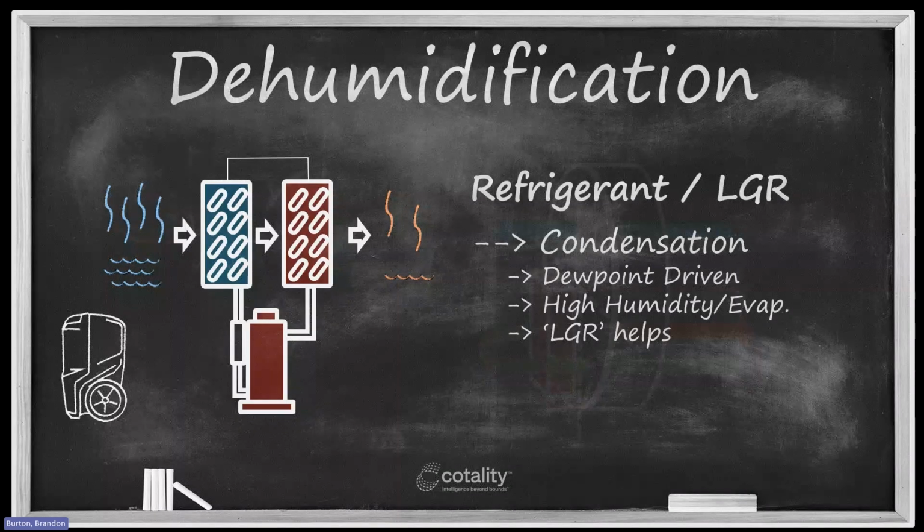The LGR component to them helps, and to give you a really simple explanation to what the LGR component is, think of a refrigerant dehumidifier this way. Think of a sponge for a moment, and I take a sponge and I put that sponge down into a bucket of water to absorb moisture, right? That's kind of your air in a drying environment soaking up moisture from a wet surface.